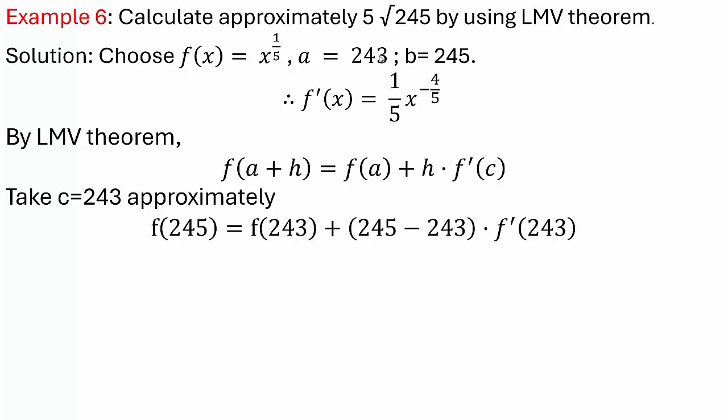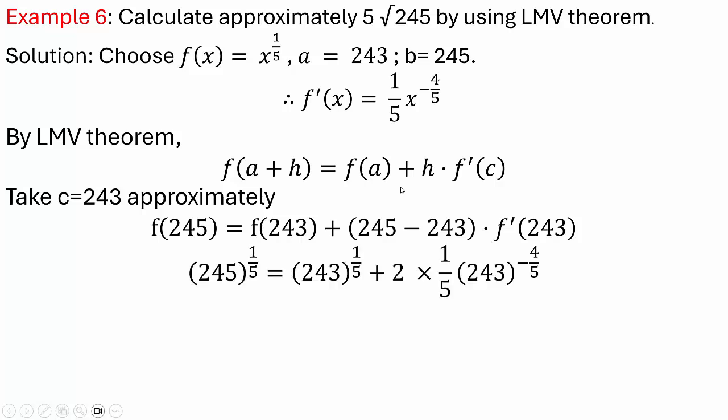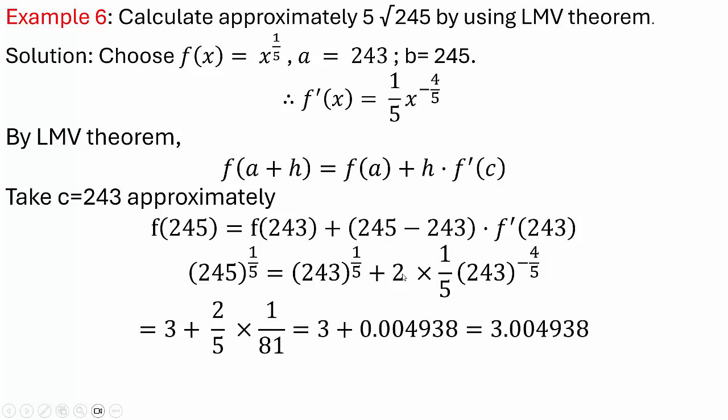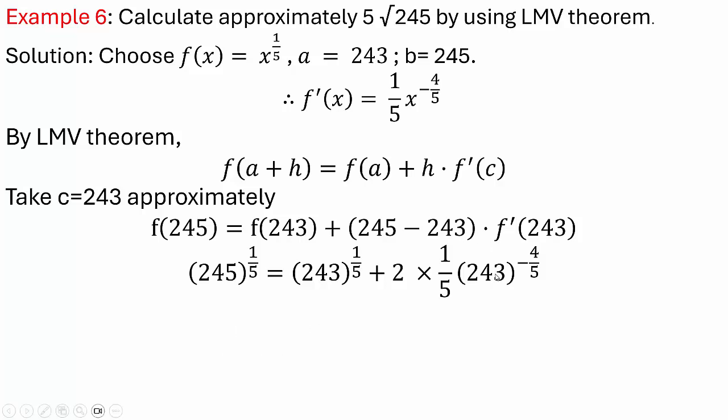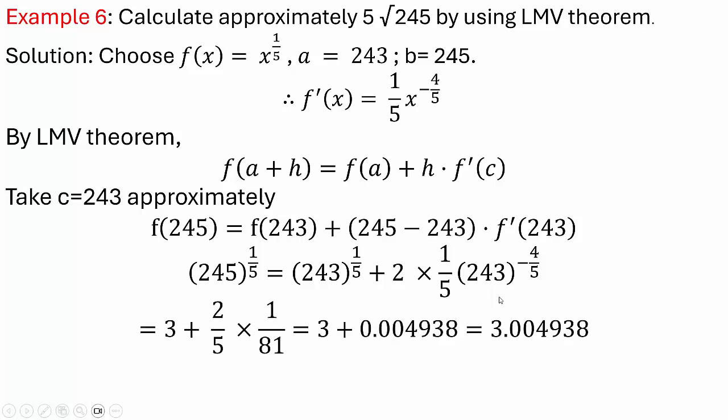Therefore, f of 245 equals f of 243, take a equals 243, plus 245 minus 243 into f dash of 243. 245 raised to 1 by 5, this we have to calculate, equals 243 raised to 1 by 5 plus 2 times 1 by 5 into 243 raised to minus 4 by 5.